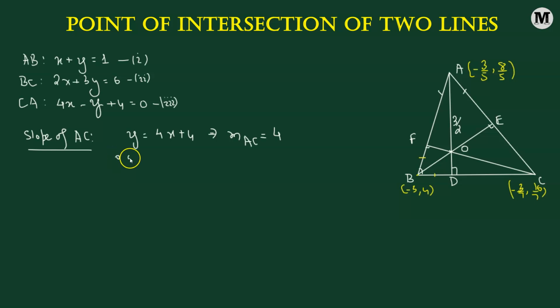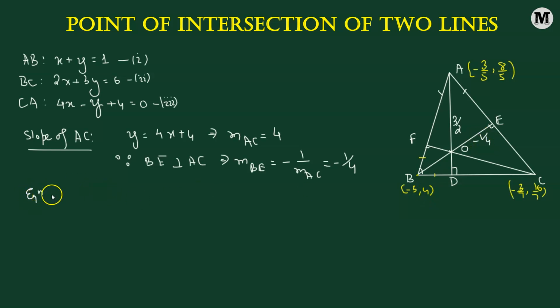Now we can say that since the line BE is perpendicular to the line AC, that would imply that the slope of the line BE is going to be equal to the negative reciprocal of the slope of AC. So we should get -1 over 4 as the slope of the line segment BE. So now we have the line passing through the point B, -3, 4, and it has a slope of -1 over 4.